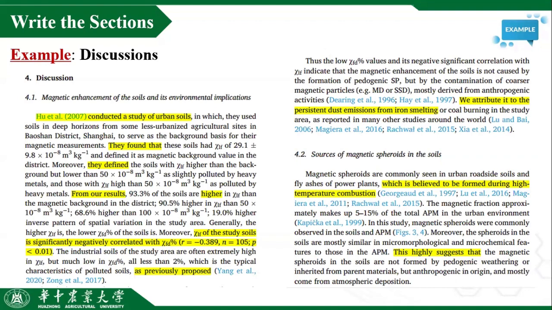So you may say that this result is attributed to, or is maybe due to, this or another reason. Another point: at the end of each paragraph, you may write the sentence "this highly suggests that" and write just one sentence as a conclusion of these findings.